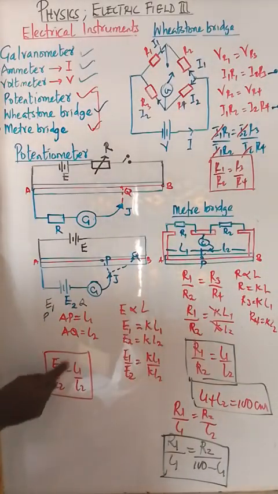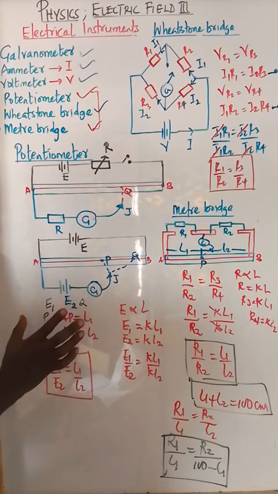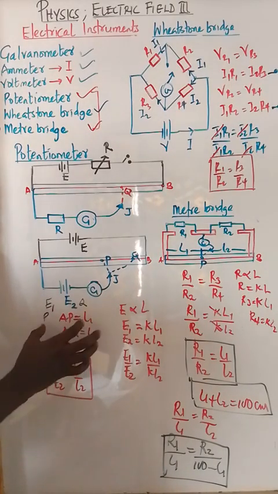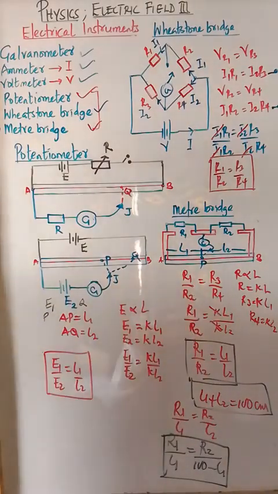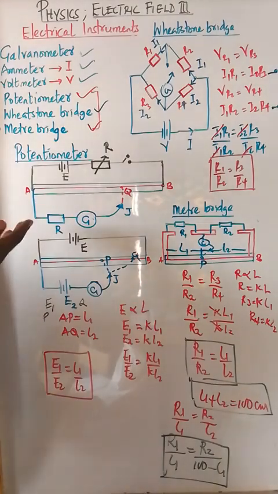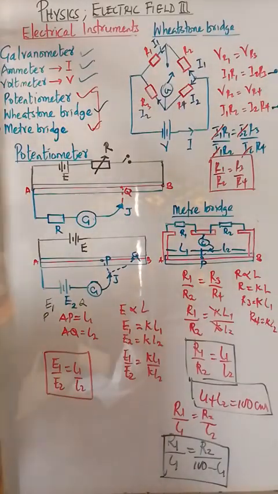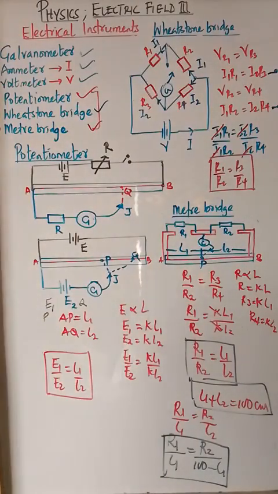This L1 and L2 do not add up to 100 because we are using two different cells. But for meter bridge, it works. Now, if you understand this basis, sometimes you can have a question that links potentiometer to a meter bridge. But for this class, we are done with electrical instruments from galvanometer down to meter bridge. What is left is to solve questions on electric field 3.